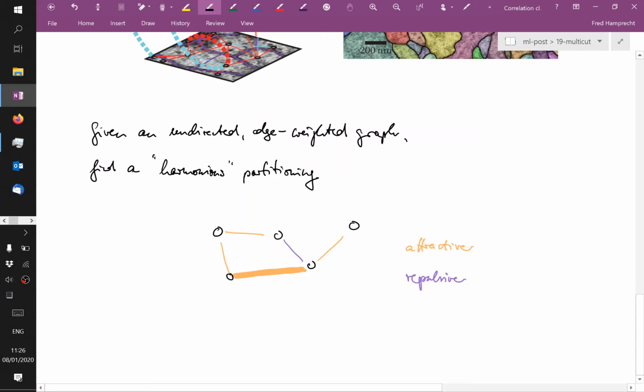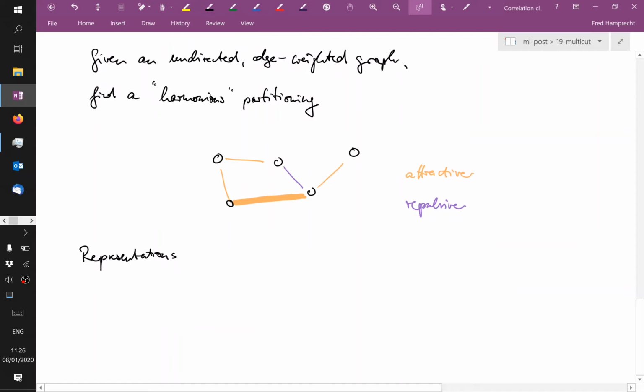Good. Now, when we talk about partitioning, we need to argue on a representation first. And in fact, there are two fundamentally different representations. I could have one representation in terms of the labeling of nodes.